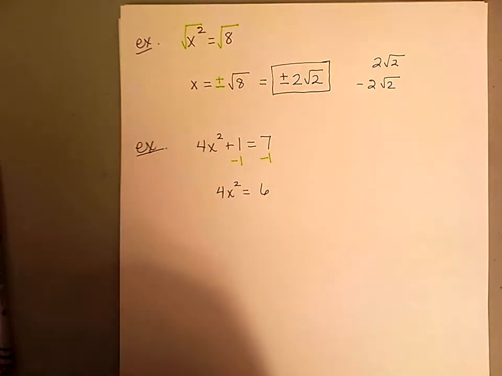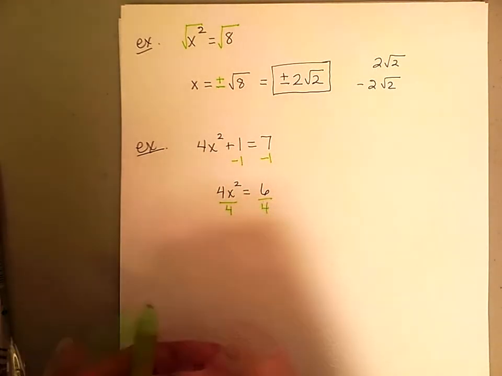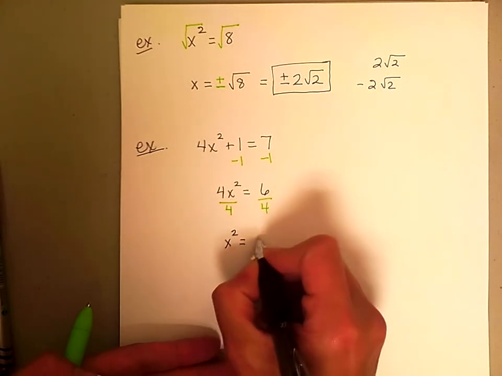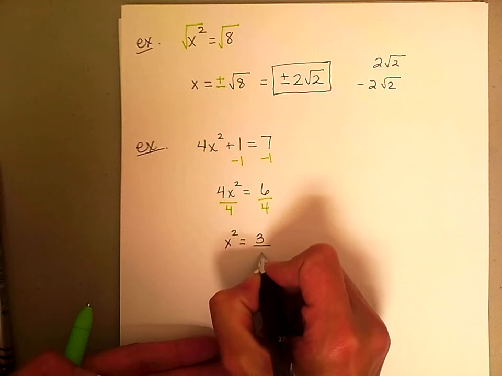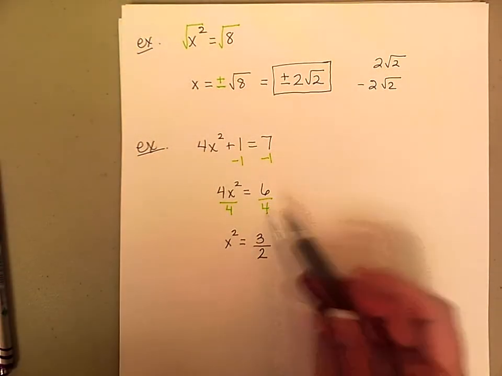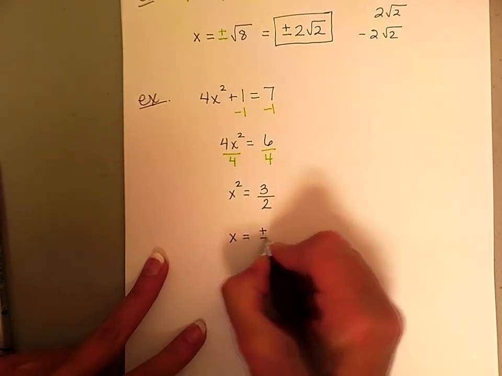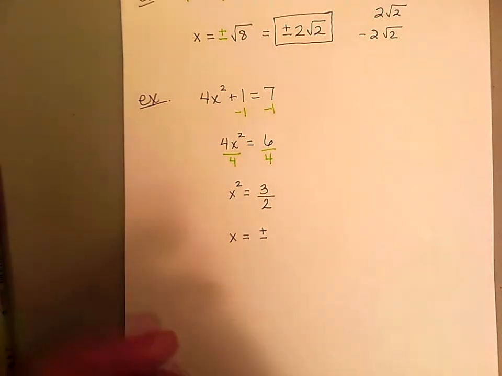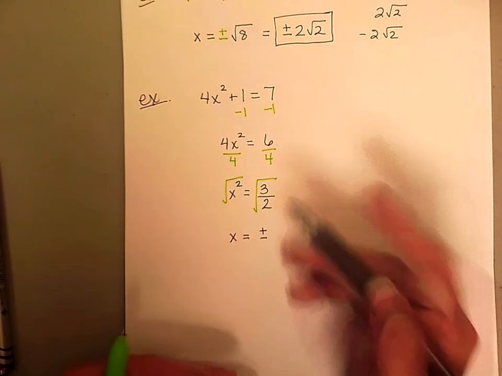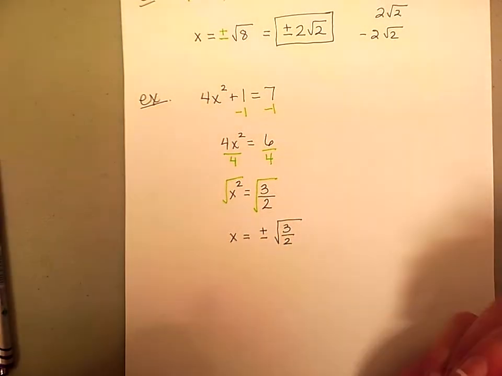And dividing through by 4, we would have x squared is equal to 3 over 2, reducing 6 over 4, so that x would be equal to plus or minus, so I'm going to take the square root, the square root of 3 over 2.